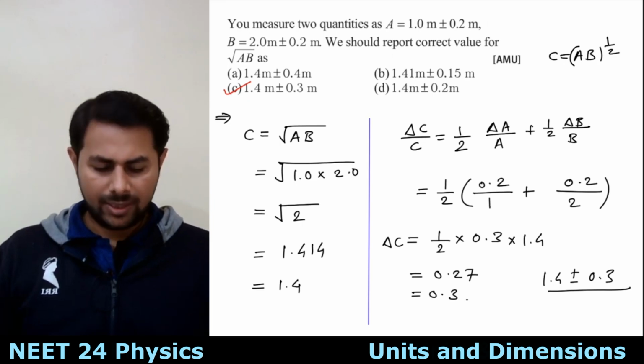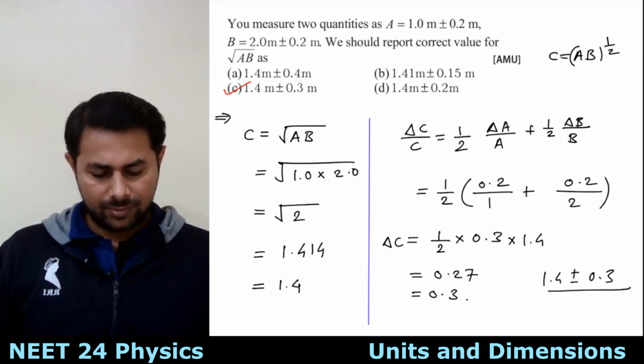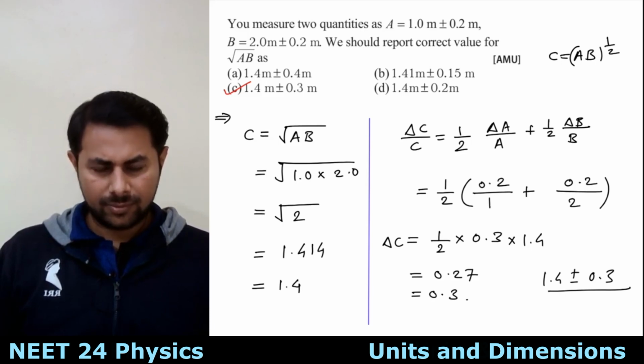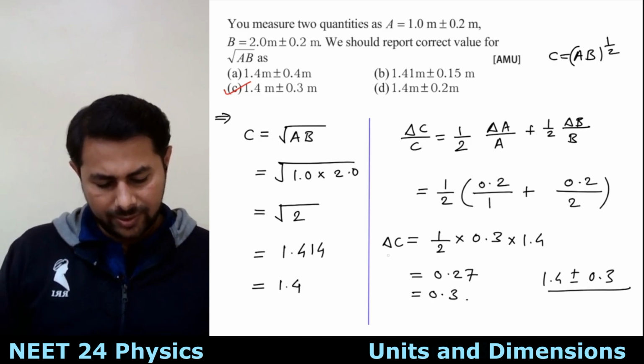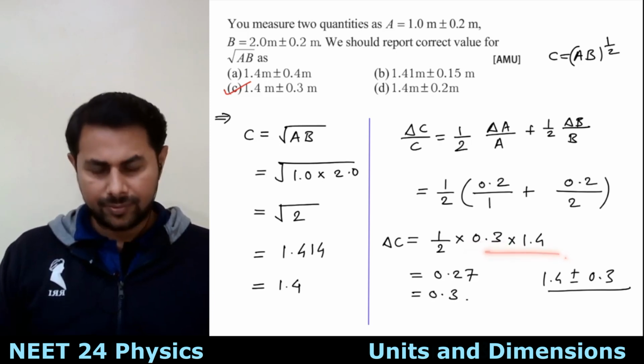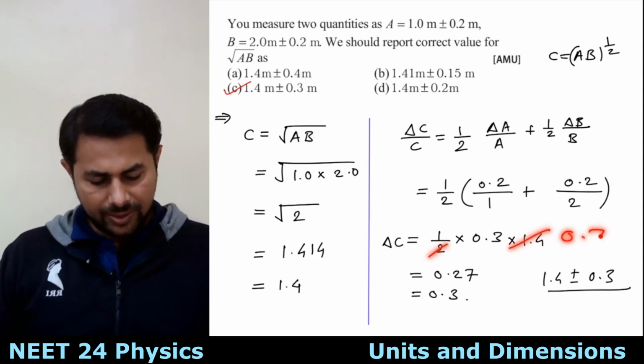Sir, delta C is equal to half into 0.3 into 1.4, no, sir? If we cancel out with 2, it means 0.7, sir. Yeah, 0.7.